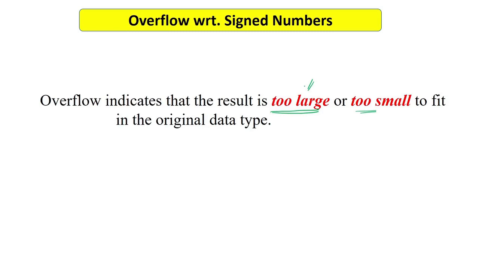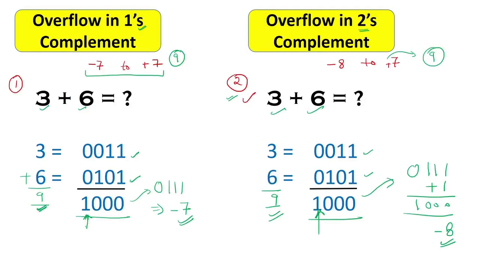So what does too large mean? As we have seen in twos complement addition just now, when we add 3 and 6, we should get 9. But 9 cannot be represented in this range. With respect to this range, this 9 is too large. It is greater than 7, and the largest number that can be represented is only 7. So 9 is too large to fit in this particular range of 4 bits.